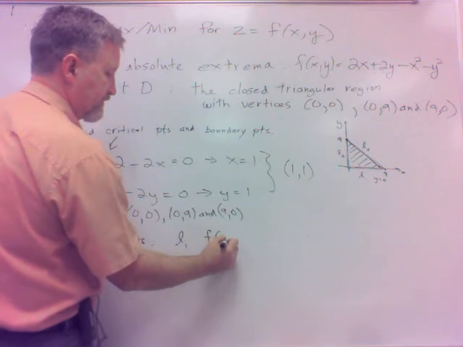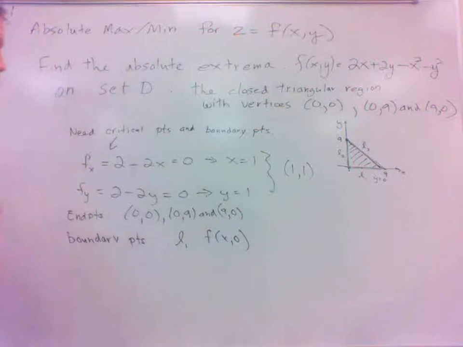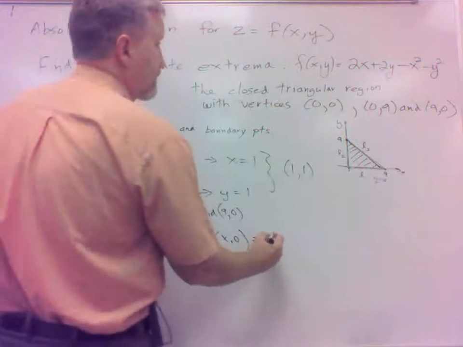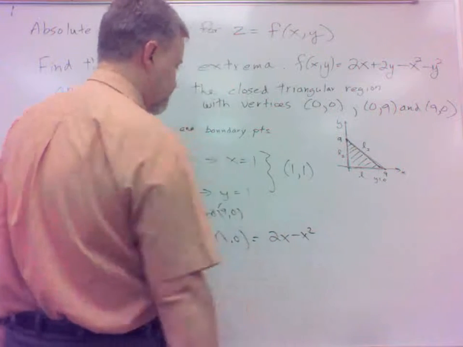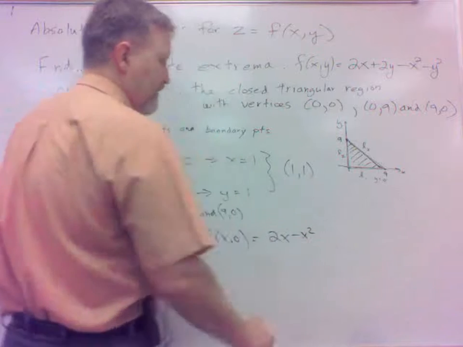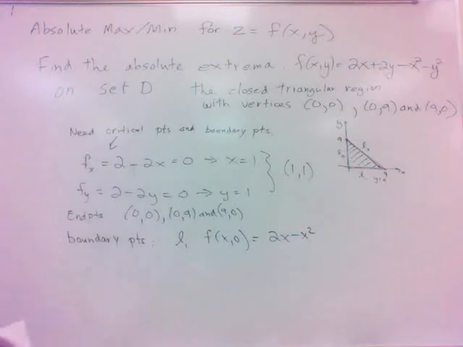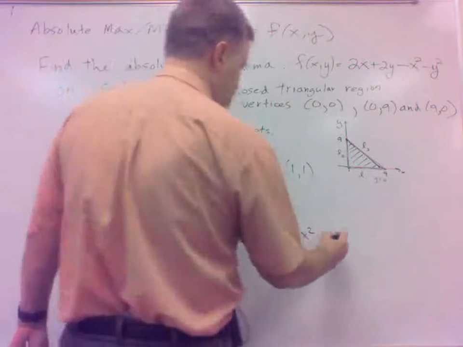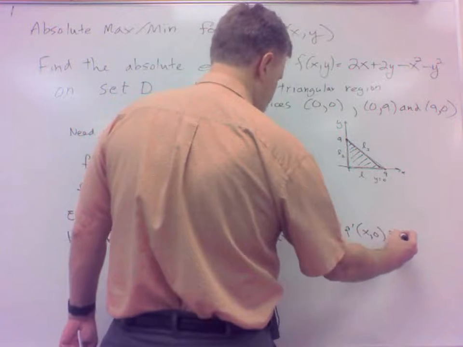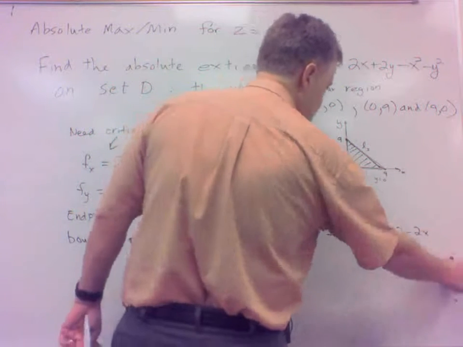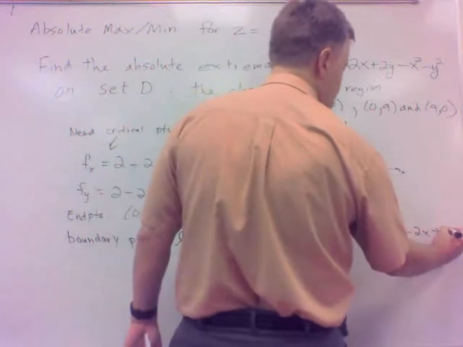So let's get our function in terms of f(x, 0), which would be, what, 2x minus x squared, which is just another function, so we need the critical numbers there. The derivative is just 2 minus 2x, and so that would be, again, x equals 1.